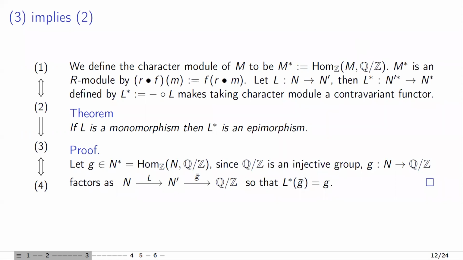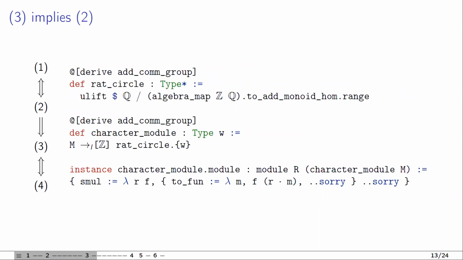So if G is a group homomorphism from N to Q quotient by Z, then G factors as N to N prime, then to G bar, and we can show that L composed with G bar is G. Q quotient by Z is just a circle. We have this in MathLib, but because we are working in a higher universe, we need to lift it. The character module is just M to the rational circle, and it has an R module structure.